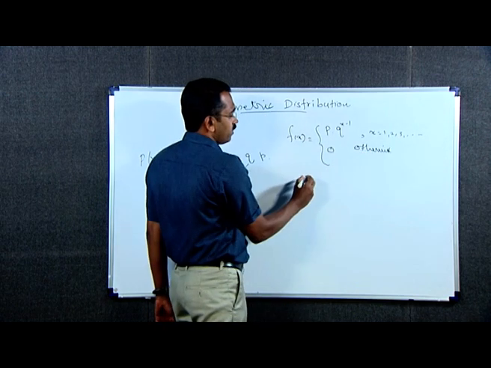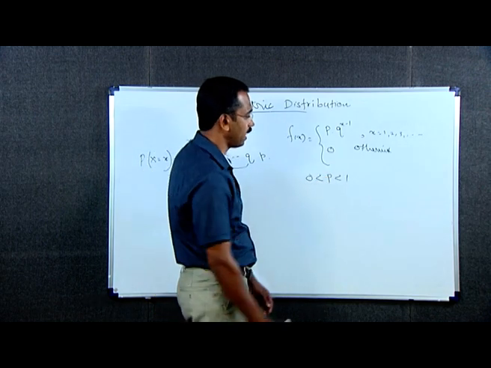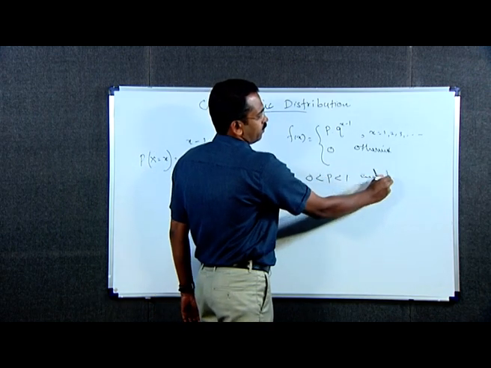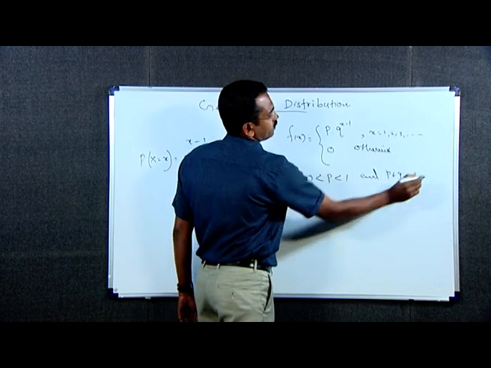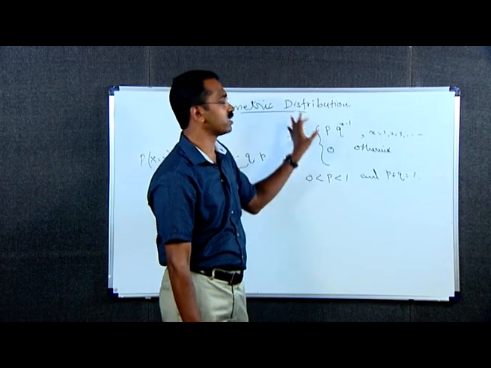Here p lies between 0 and 1 and p plus q is equal to 1. This is the definition of a geometric distribution.